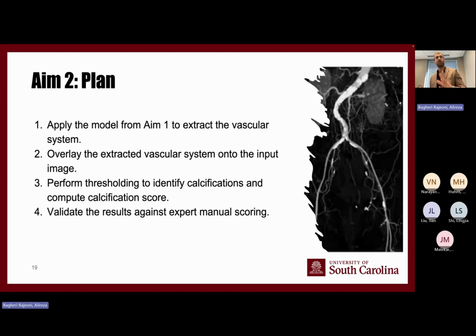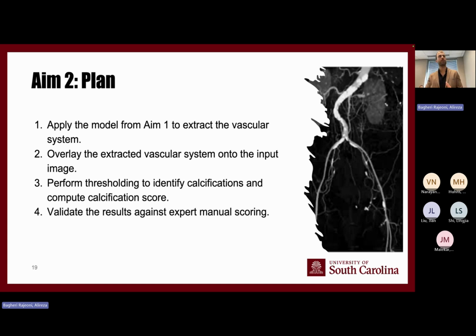So for this aim, first we apply the model from AIM1 to extract the vascular system, then overlay that onto the input image to extract the exact vascular system, because the output of the model is only 0 and 1. So we multiply it by the input.